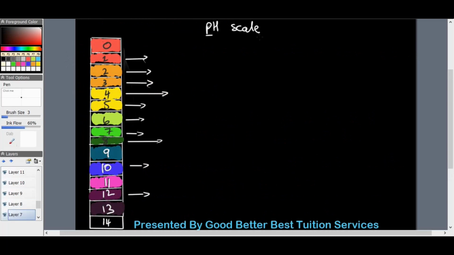Alright, very much my own. It doesn't really look like this. But basically on top here we have strong acids, 7 we have neutral, and from 8 all the way down to 14, we have strong bases. Okay. So for example, a pH level of 1 would be your stomach acid.